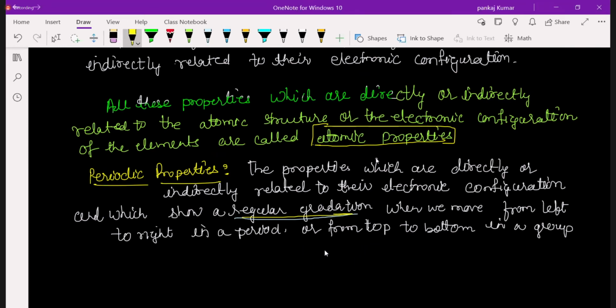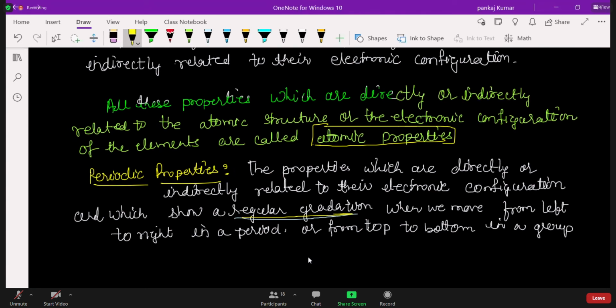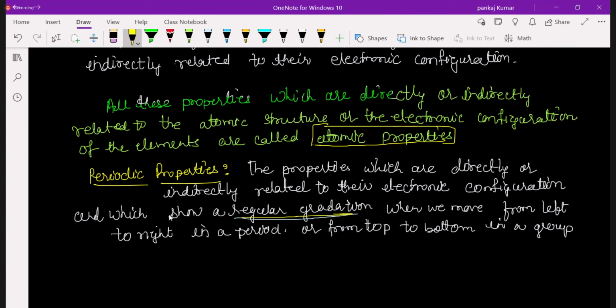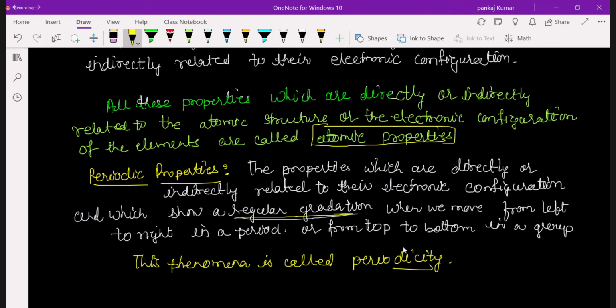This phenomenon is called periodicity. Periodicity means the decrease or increase of the properties according to electronic configuration in a regular gradation.